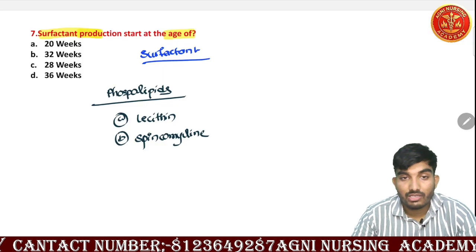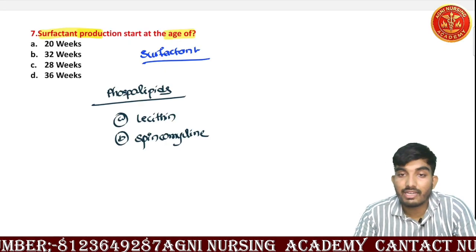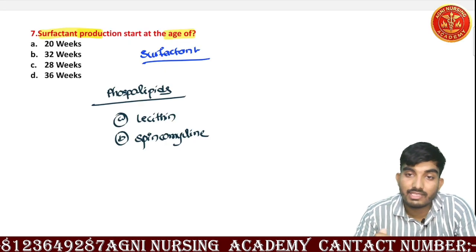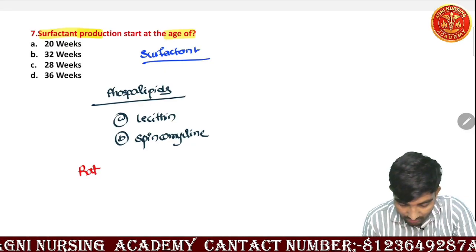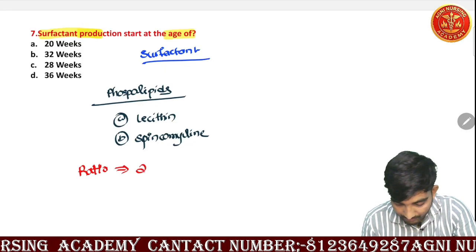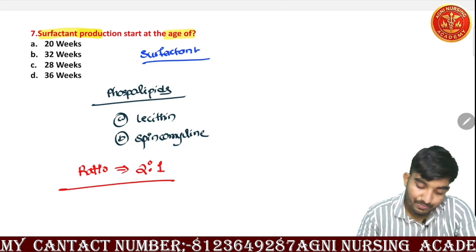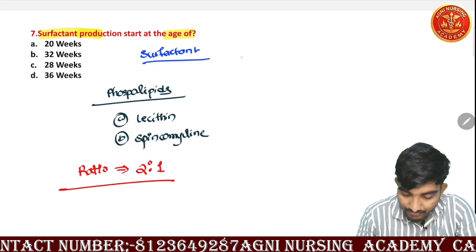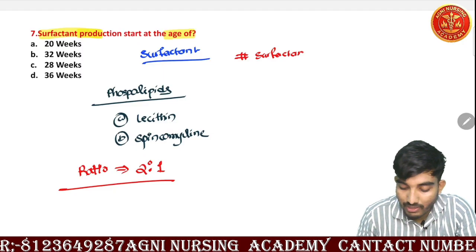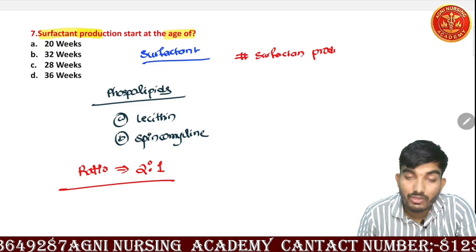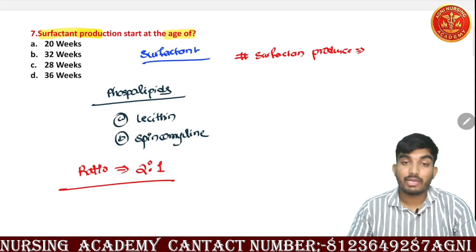Many times a question is asked: what is the ratio between lecithin and sphingomyelin? Lecithin is present in the maximum amount, and the lecithin to sphingomyelin ratio is 2:1. Surfactant is produced by type 2 pneumocytes, also called type 2 alveolar cells.